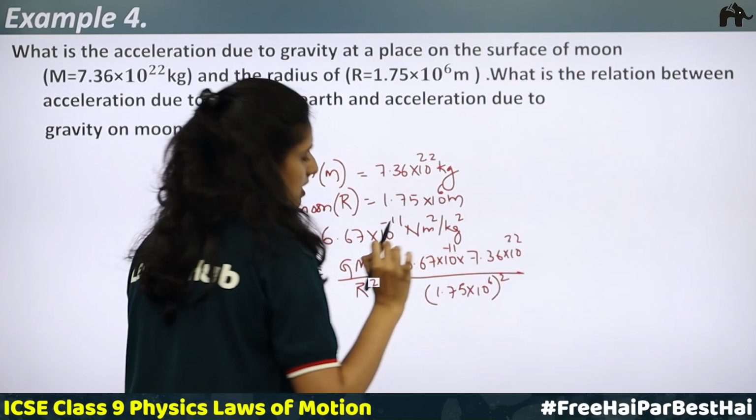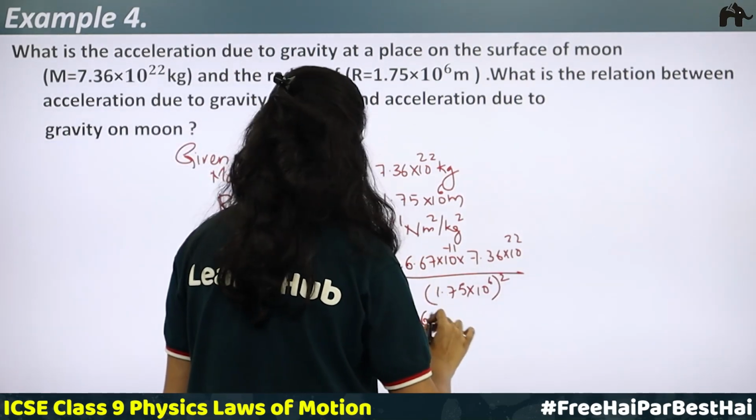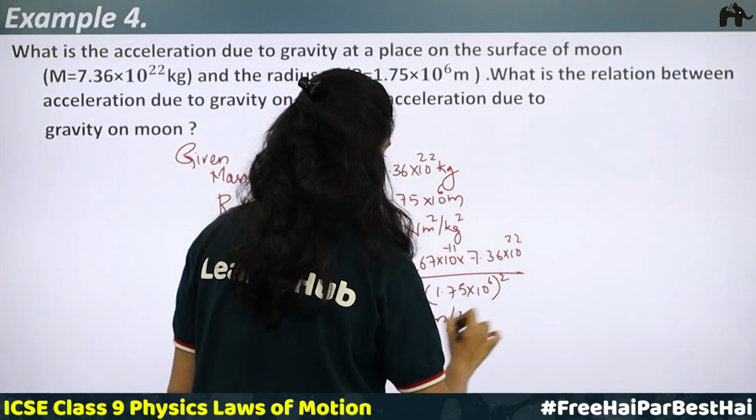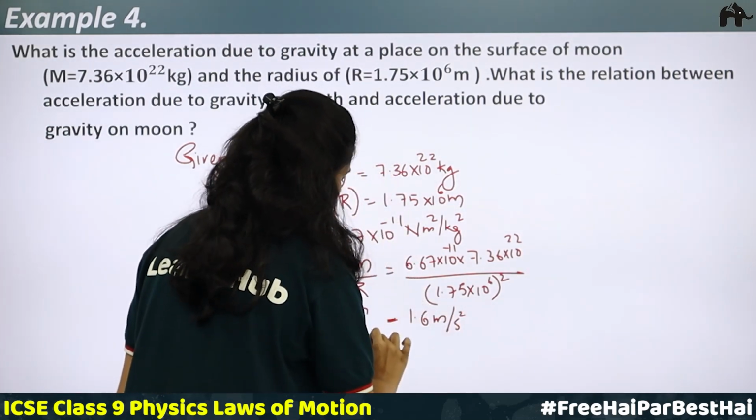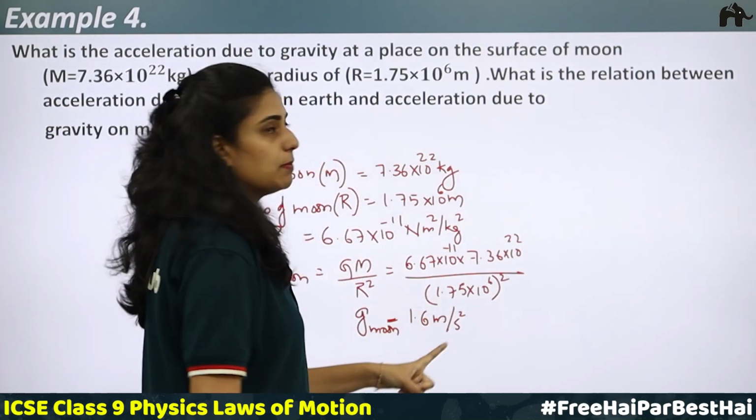When you calculate this, approximately you will get a value 1.6 meter per second square. So acceleration due to gravity on moon is 1.6 meter per second square.